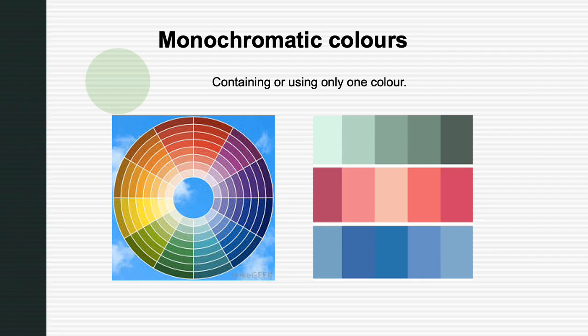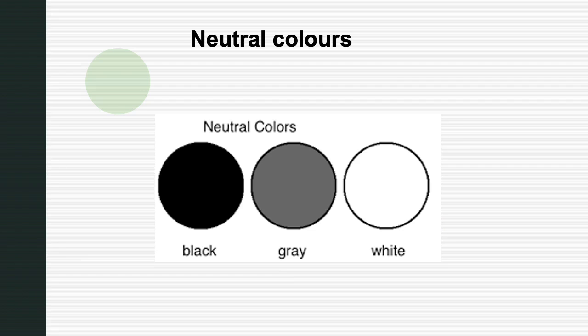Monochromatic colors: containing or using only one color, its tones and shades. You can see here different tones of yellow, red, blue, light, dark. These are monochrome colors. Neutral colors.